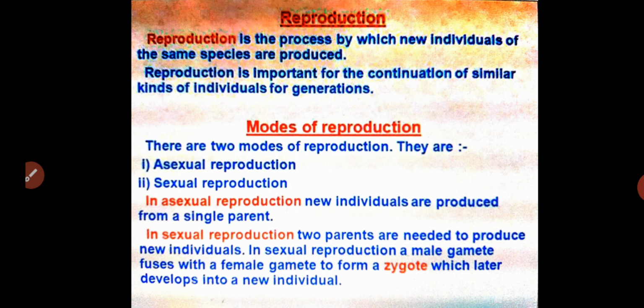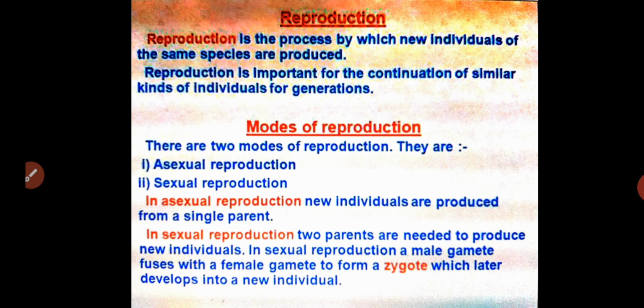That is what we call asexual reproduction. It is the process of production of new organisms from a single parent without the involvement of sex cells or gametes.